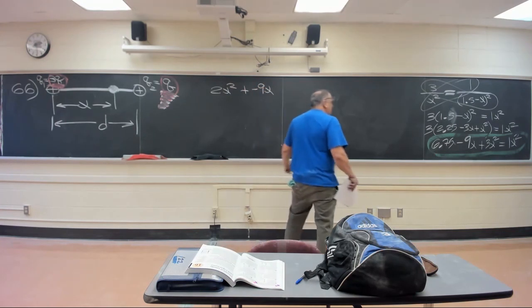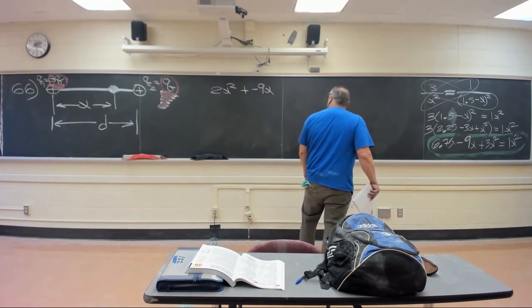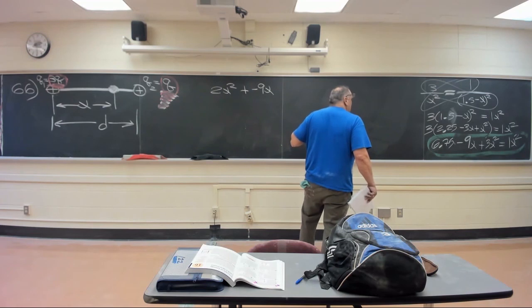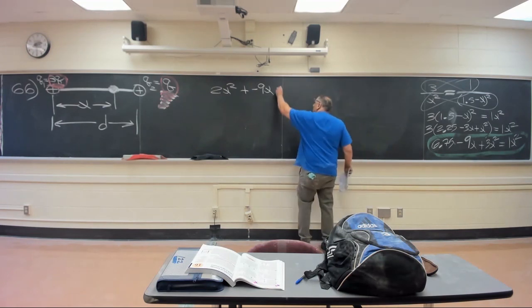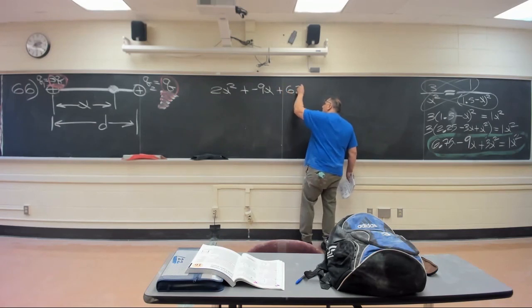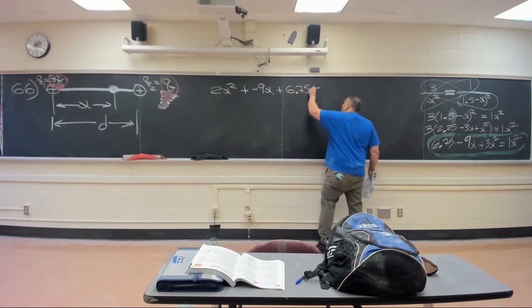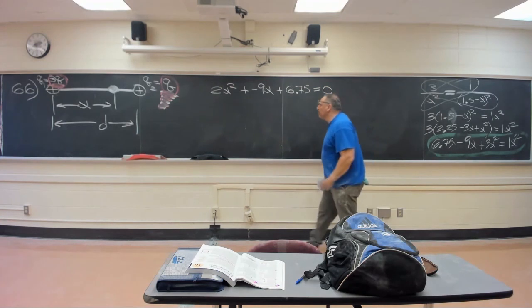Minus 9x is plus a negative 9x. That's 2x squared. 2x squared plus negative 9x plus 6.75 equals 0.